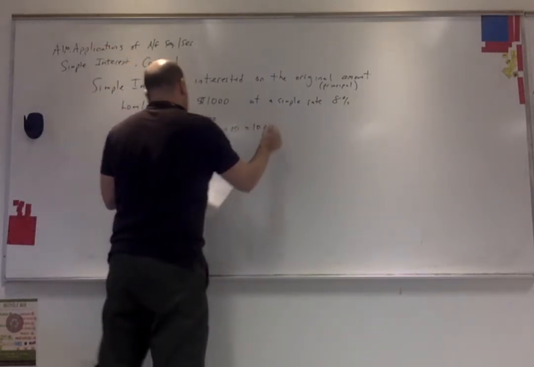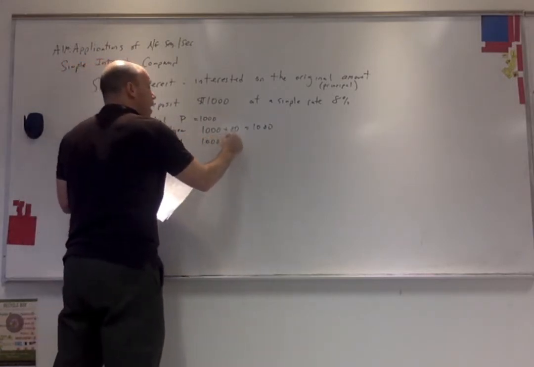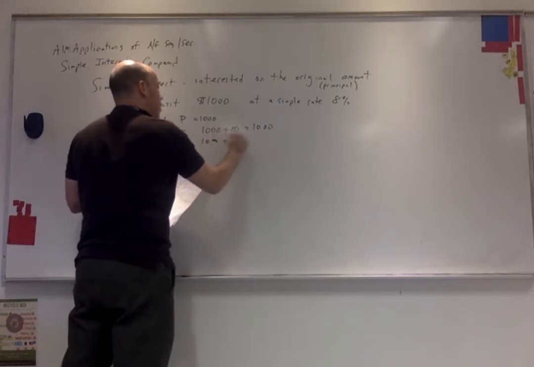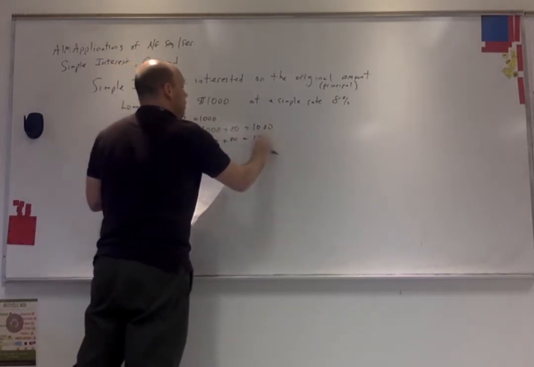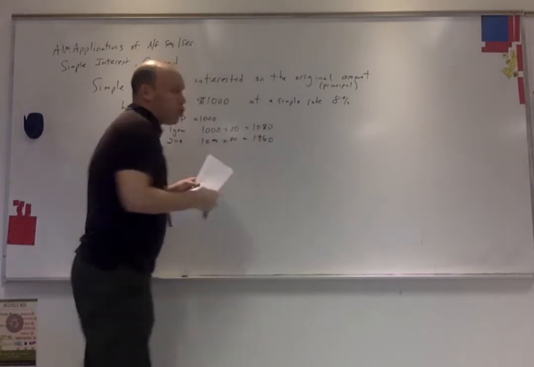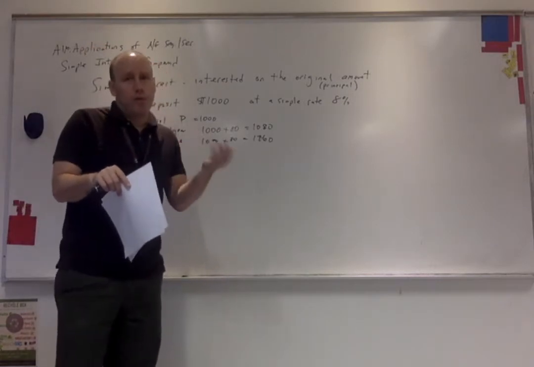Right? What happens after the second year? After the second year, either you gain another 80, or your loan is increased by 80. So once again, this is simple interest. It's not in the IB curriculum, but it's a way to start.